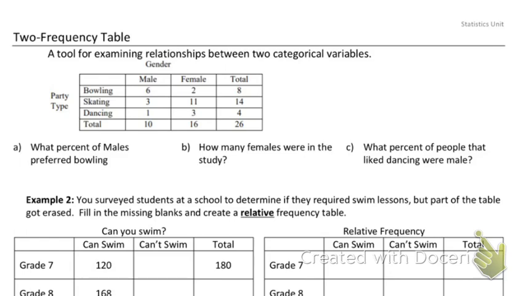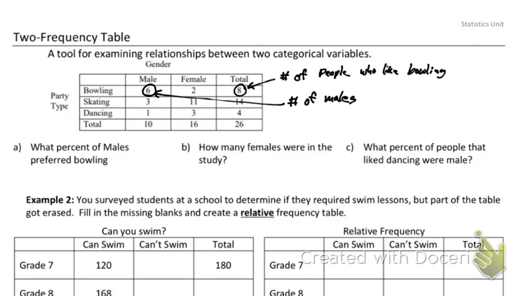Let's talk about those totals. So I go 6 plus 2 equals 8. That 8 is the number of people who want bowling or who like bowling. That is the total number of people that like bowling. However, if I just circle that 6, just the 6 portion of it, that is just the number of males who like bowling.